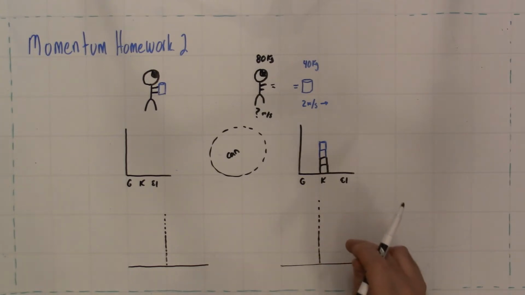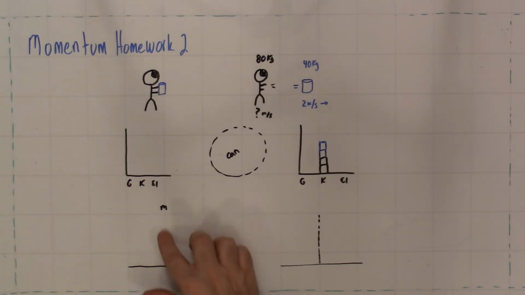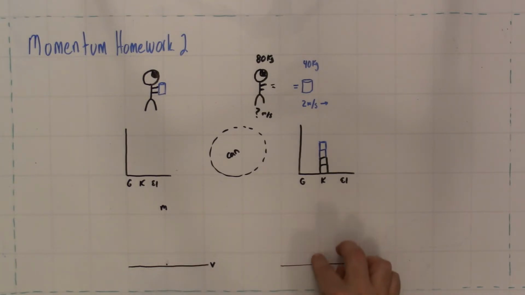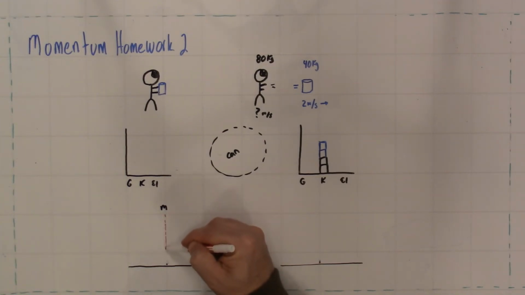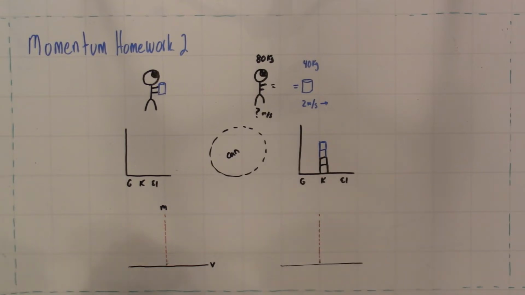All right. So as we know, this is the mass, this is the velocity. So what do I have going on here? I'm going to do these in red. It'll be easier that way, since I decided to make the astronaut black. Bad decision making. So what do I have going on here?